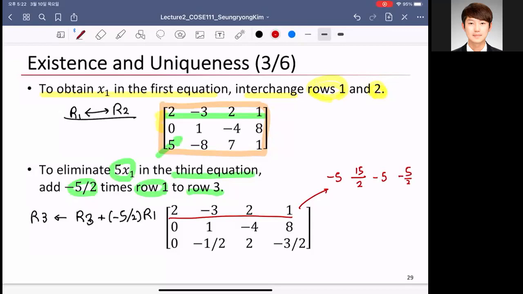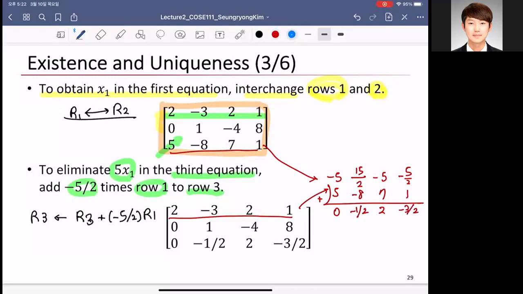And original row 3 was 5, -8, 7, 1. By adding these two equations, we achieve 0, -1/2, 2, and -3/2, right?